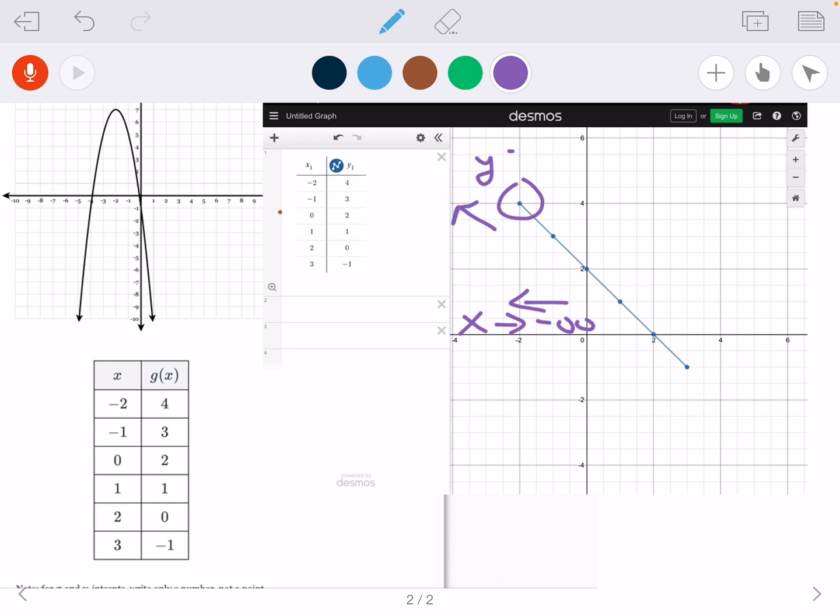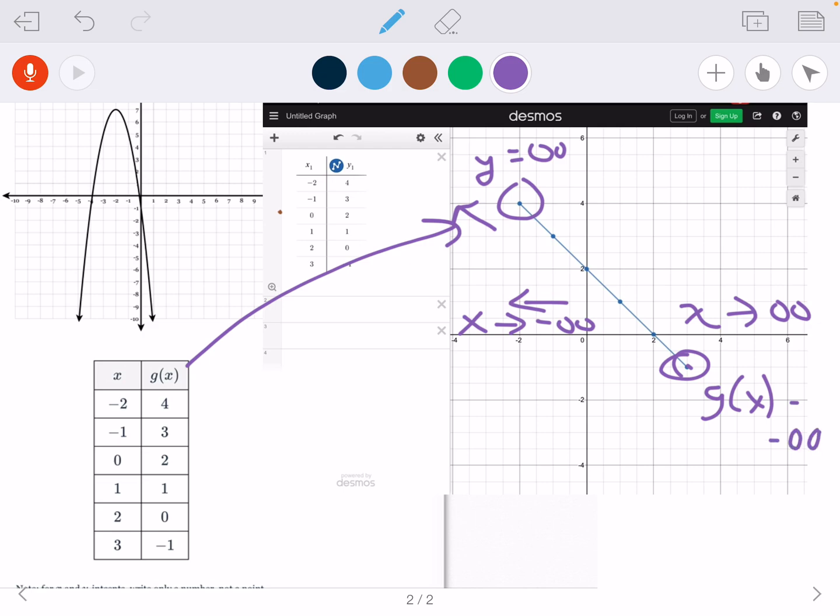So your y values, g of x in this case, are approaching infinity. It's going up. On this side, x is approaching infinity, or the right side, and this g of x is approaching negative infinity. So that's what this graph is doing.